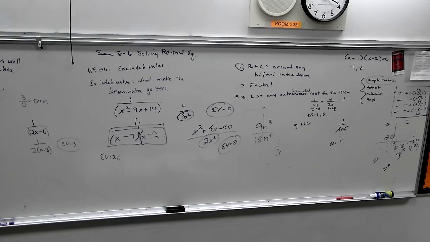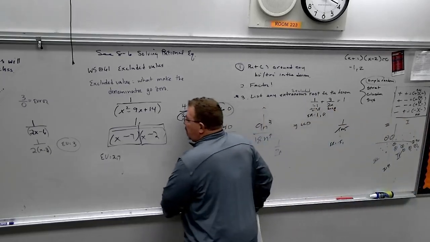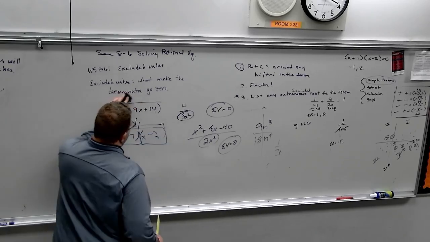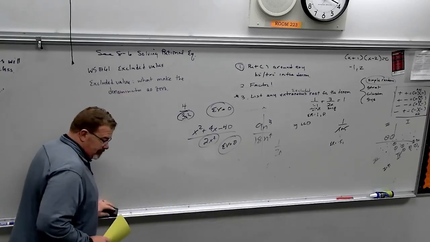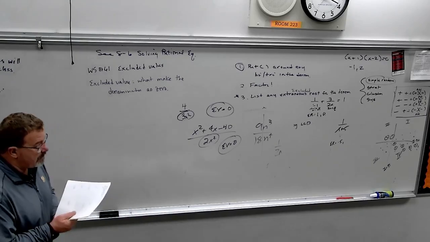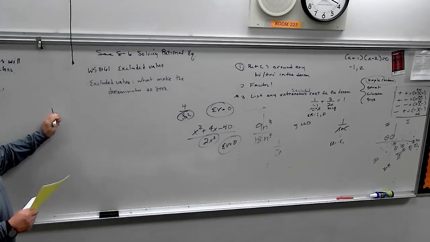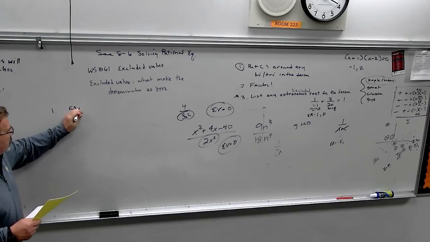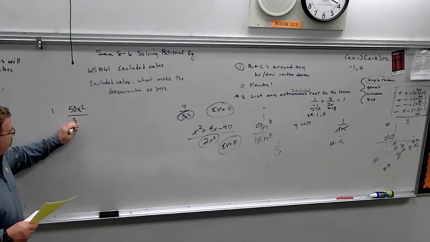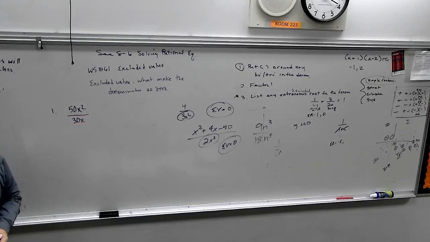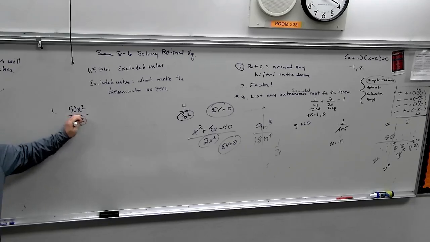Let's do number 1. Notice the instructions. All it says is find your excluded values. So here we go. Let me just write number 1 on the board. When all you're asked to do is find your excluded value, just circle the denominators.